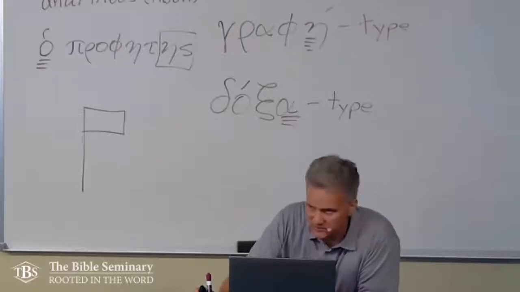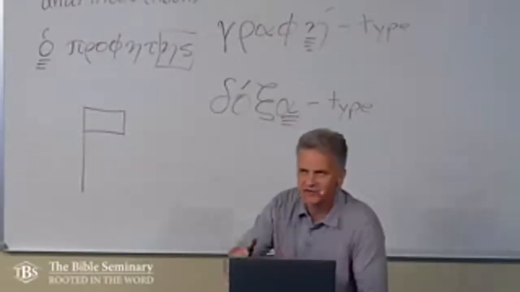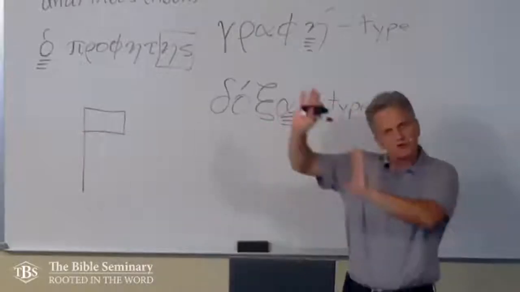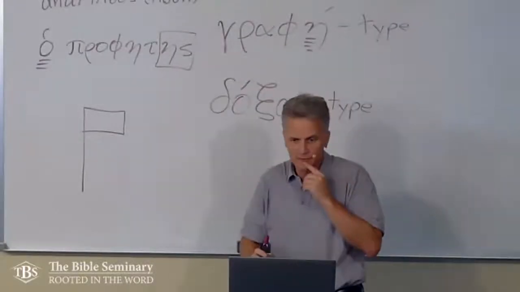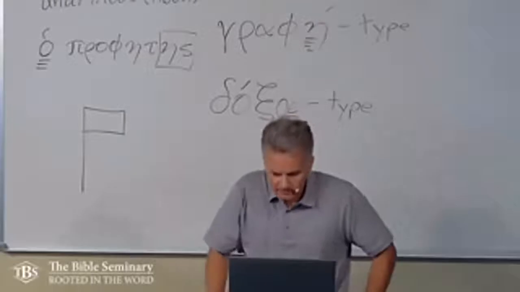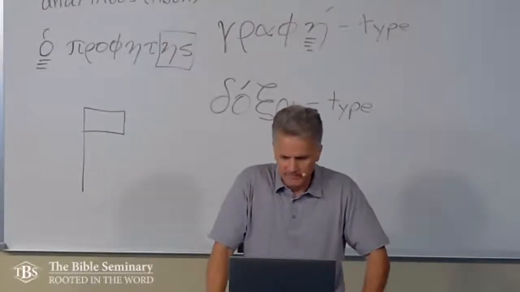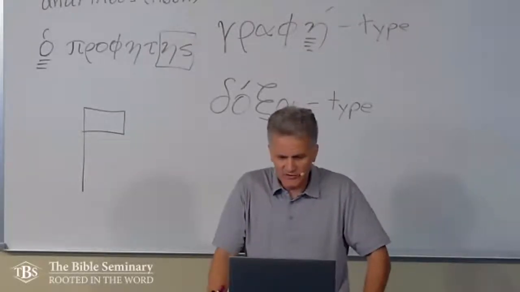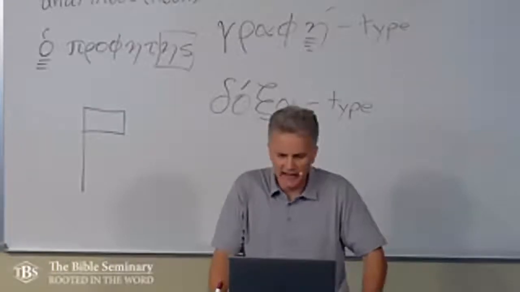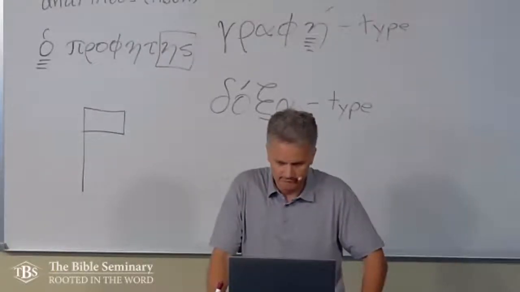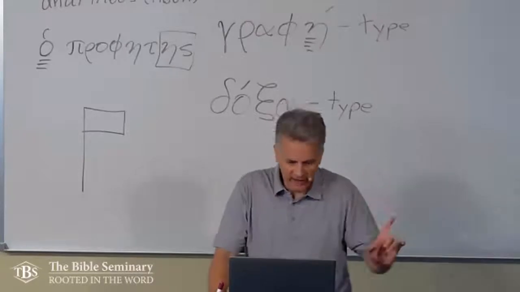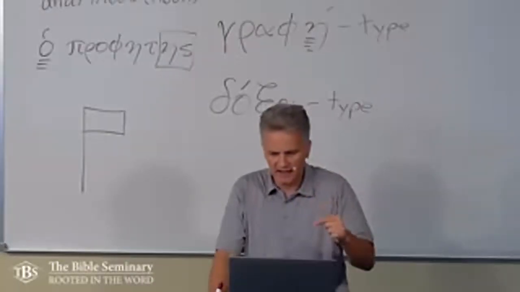That's not true. If that doesn't make sense to you, hold that thought. We'll get to it later with examples, and I'll show that to be true. However, this article inflects according to gender, case, and number.